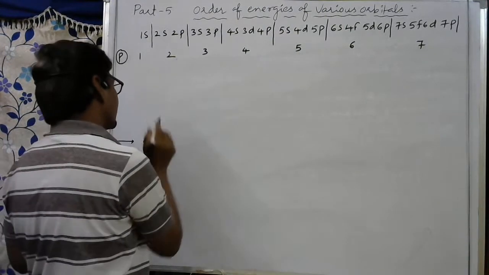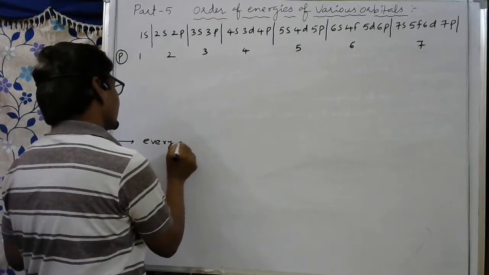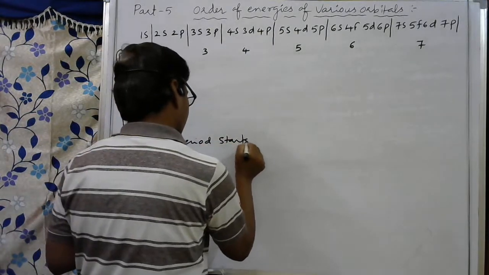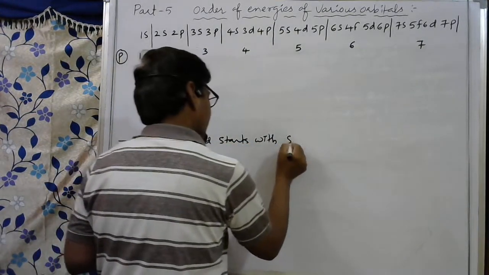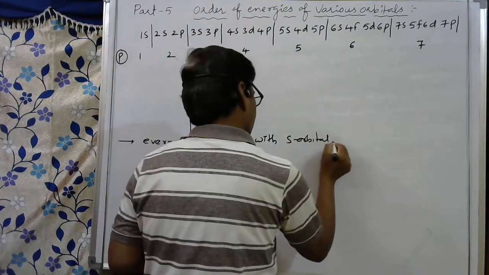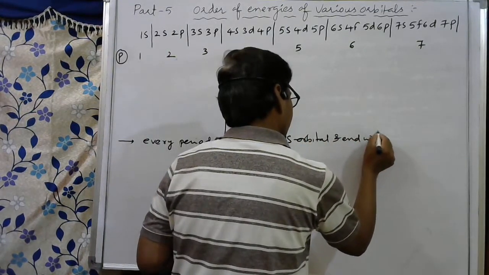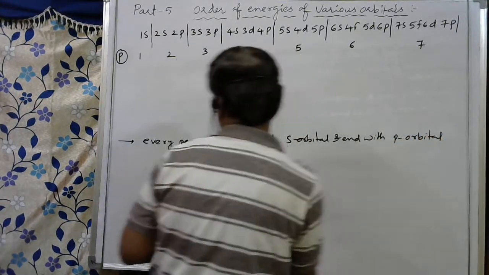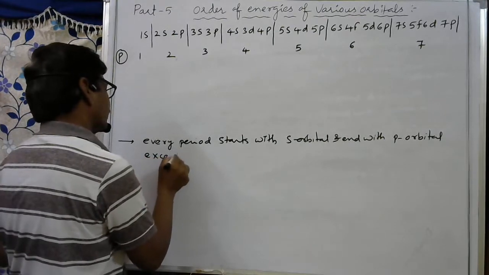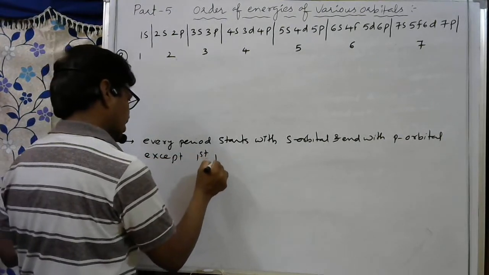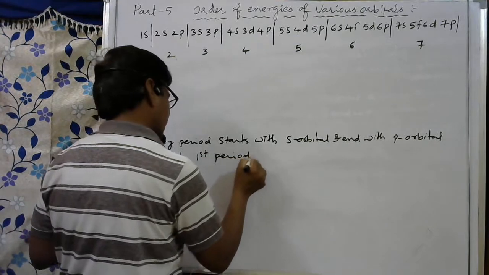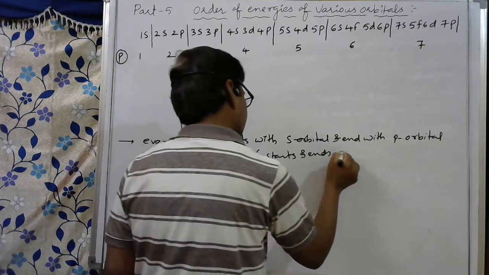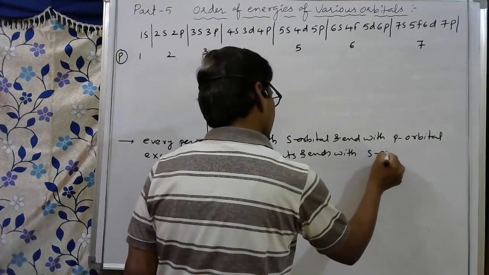Depends on this diagram, every period starts with s orbital and ends with p orbital, except the first period, which starts and ends with s orbital only.